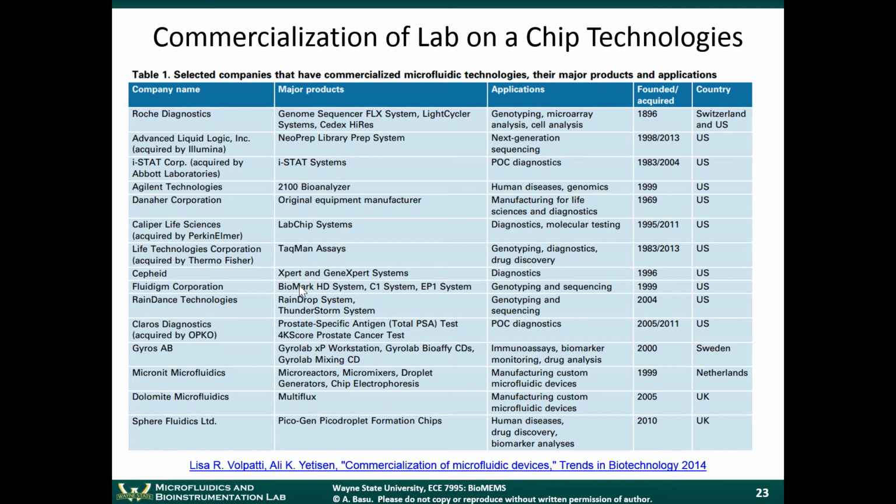They have used them for single cell biology that we talked about earlier, but unfortunately was not recorded. So Fluidigm has a lot of commercial systems right now for genotyping and sequencing and other types of assays. They were founded in 1999. Cepheid was founded in 1996, also focused on portable diagnostics.